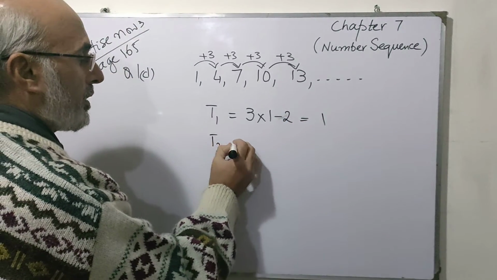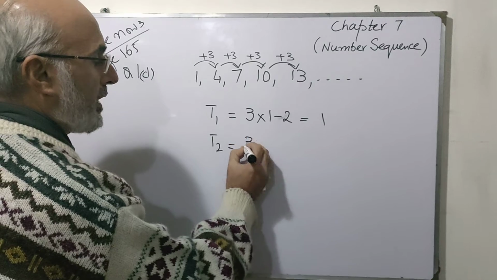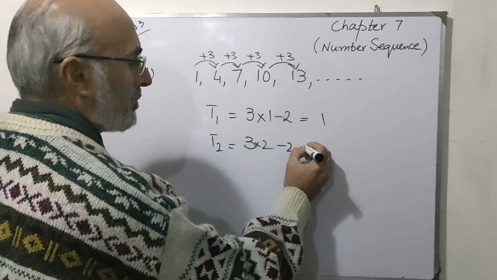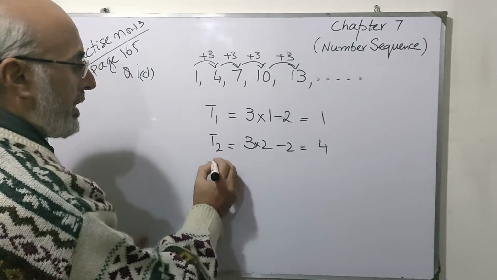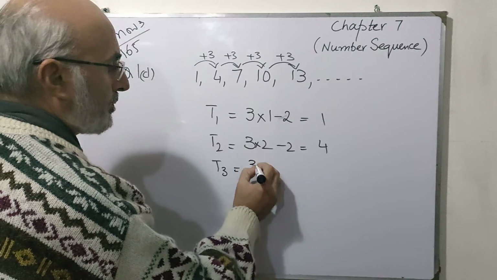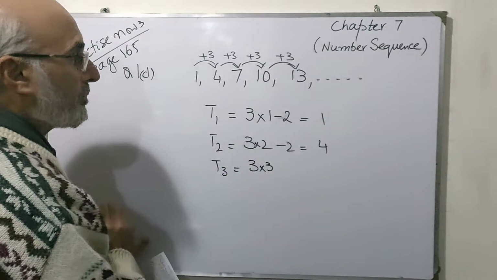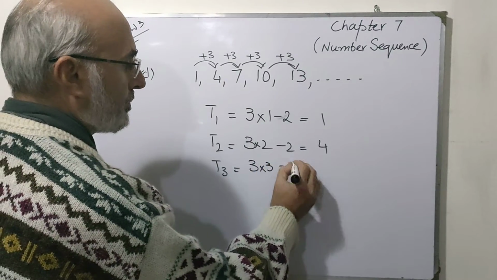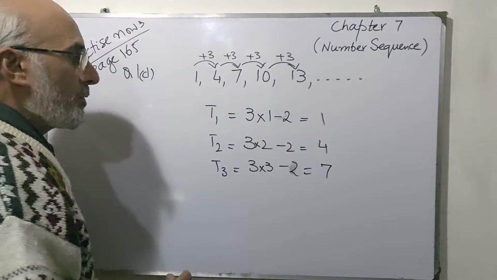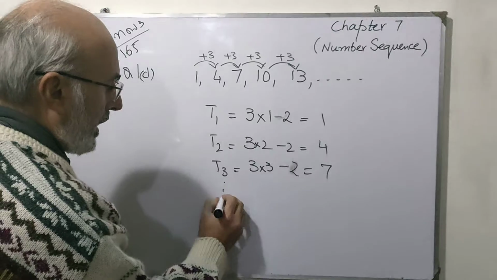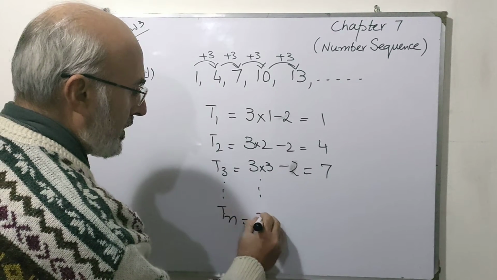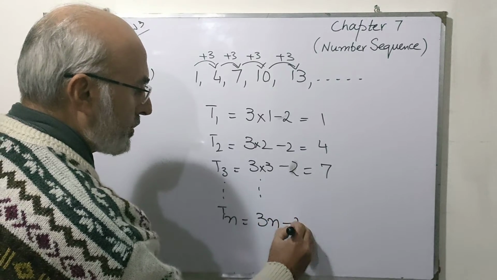Term 2. Position is 2. So 3 into 2 is 6. We need 4, so minus 2. We have 4. Term 3. 3 into 3 is 9. We need 7, minus 2. We have 7 here. So it goes on, and the nth term is 3n minus 2.